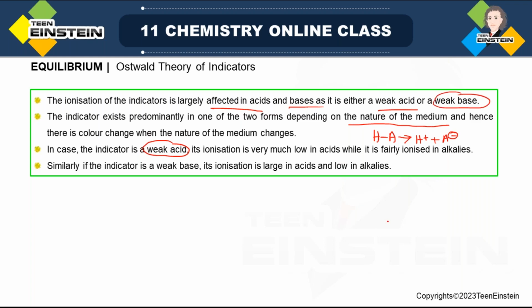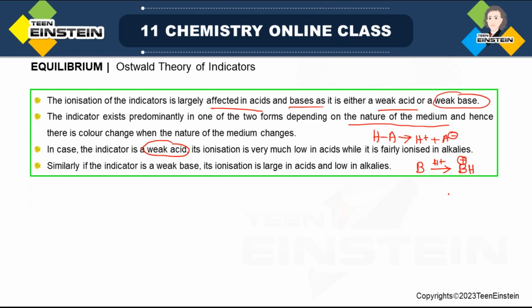Suppose I write it as B. If it is a weak base and we have acidic pH, that is in presence of high H plus concentration, it will remain in the form of BH plus. So these two different forms, HA and A minus, then B and BH plus, will have two different colors.